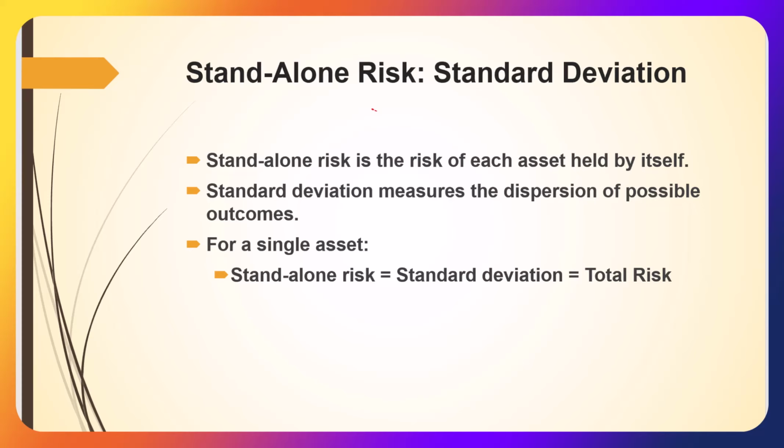Now let's discuss standalone risk, which is the risk of holding a single asset in isolation. The key metric for this is standard deviation. It measures the dispersion of outcomes, or how much an asset's returns can vary from its average return. Let's think about Netflix as an example.